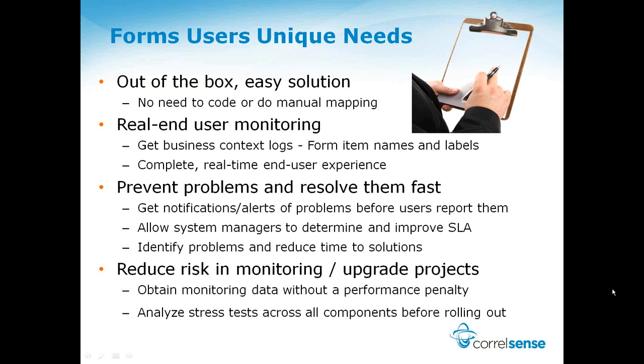So if the monitoring data could be in the business language, for you to have a common language with the application developer as well as the end user, all of a sudden it's much easier to get to the root of the problems, right? And not only that, we want a real-time solution.